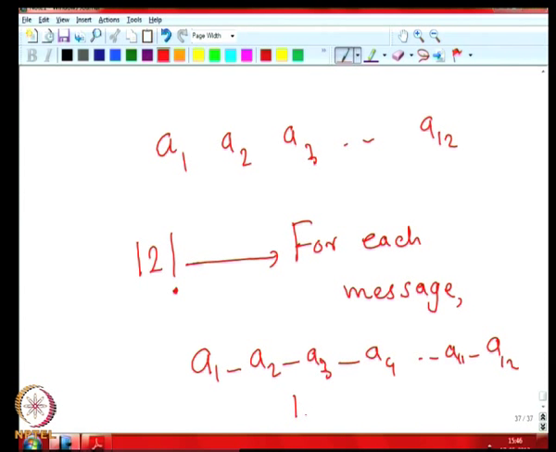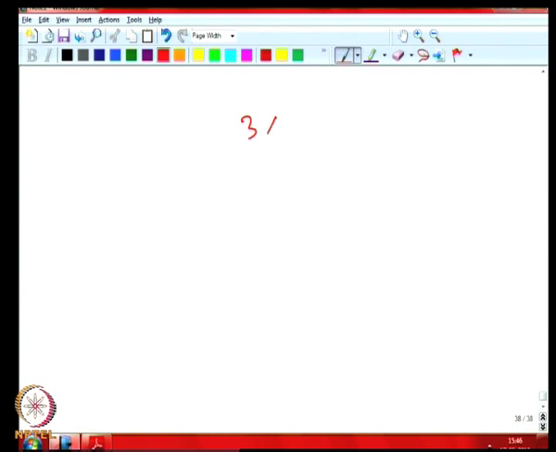There are 11 gaps, right, 11 spaces between 2 letters, and each of them will anyway get 3 blank spaces. So that means 3 into 11 is equal to 33 spaces will be anyway spaced like that.